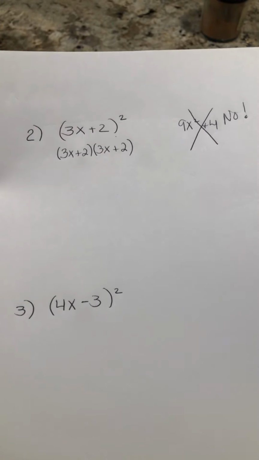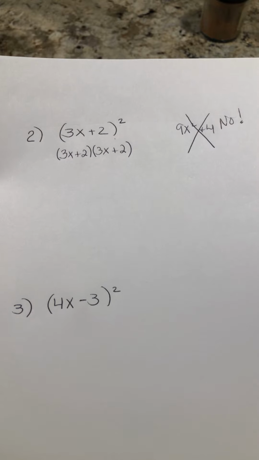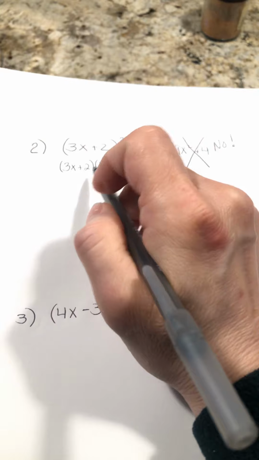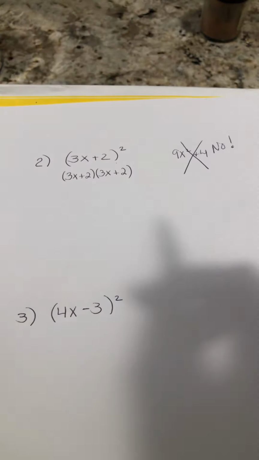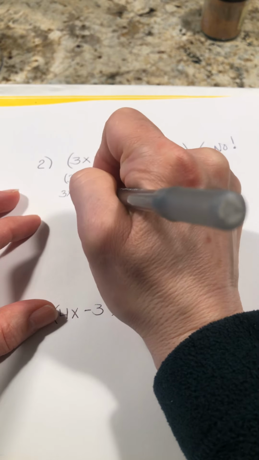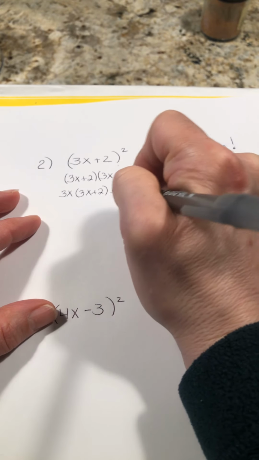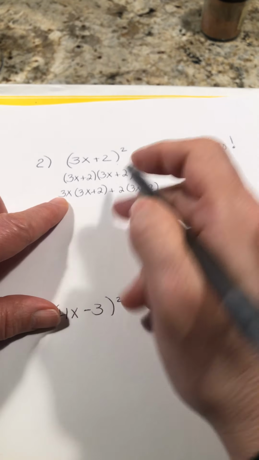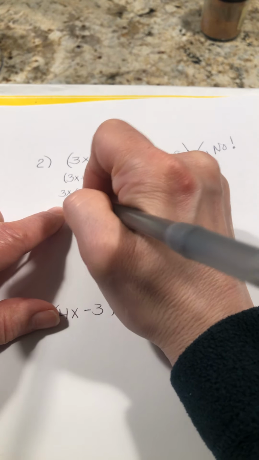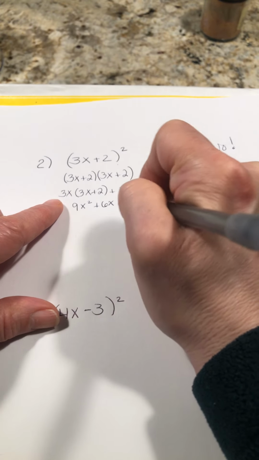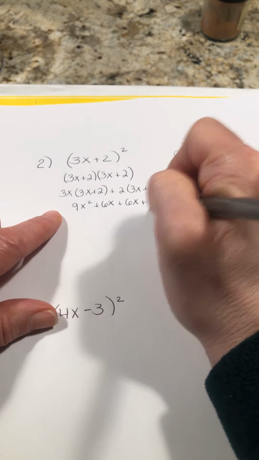So I have to write out 3x plus 2 times 3x plus 2, and now I can do what I've done before, either FOIL or double distributive. So 3x times 3x plus 2, and then plus 2 times 3x plus 2, and then we can distribute. So 9x squared plus 6x plus 6x plus 4.